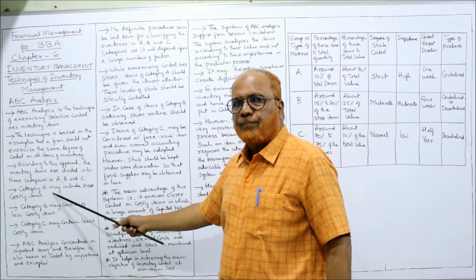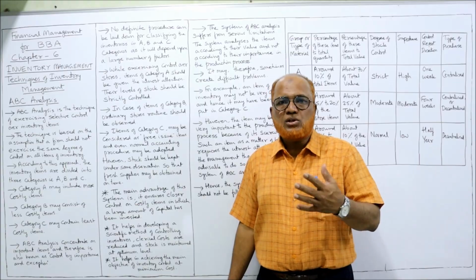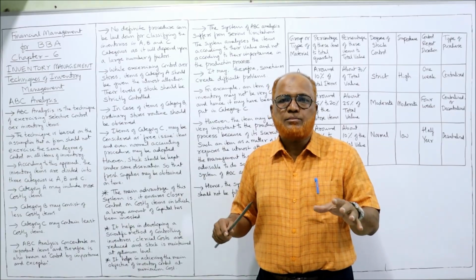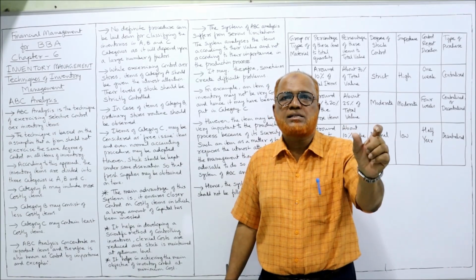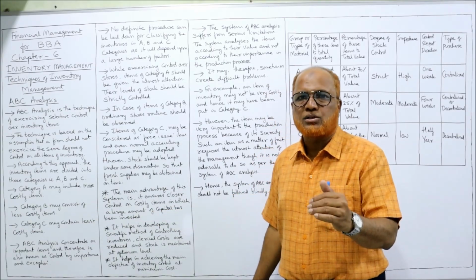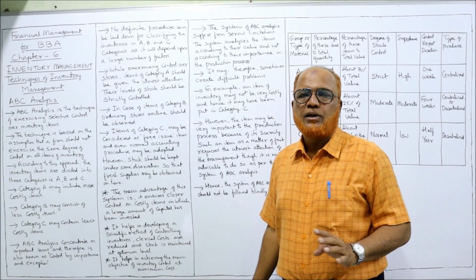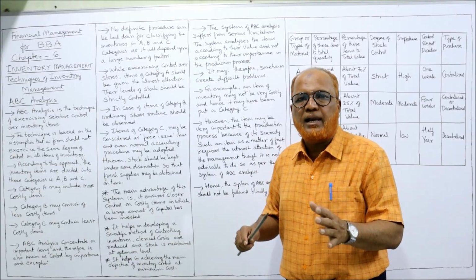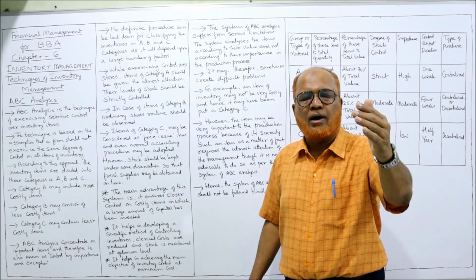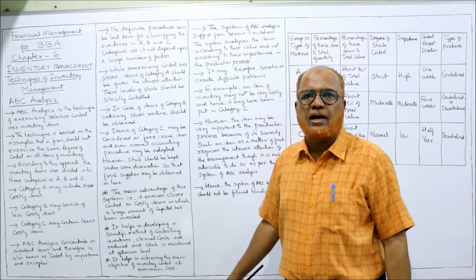Now category A may include the most costly items. So on the basis of value we are dividing. The most costly items in inventory will be classed as A category items, B category may consist of less costly, and C category consists of the least costly. So in this way, on the basis of the value of the inventory, we have classified A, B, C: A highest costly, B less costly, and C least costly items.